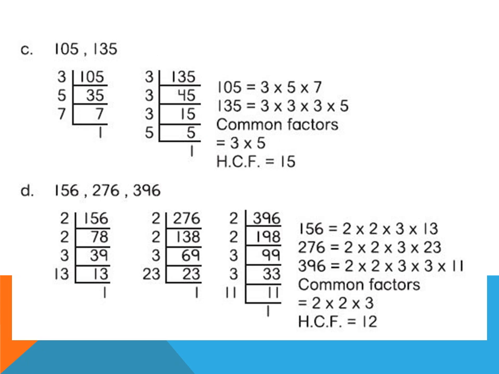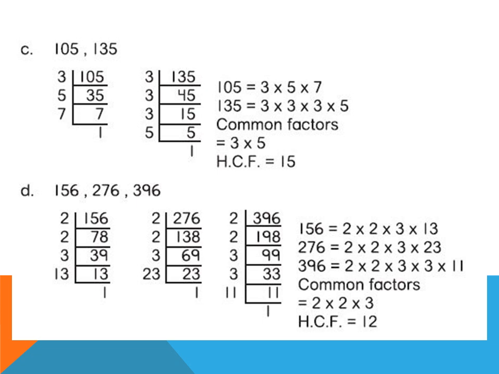Let us discuss question number D. When we prime factorize 156, 276 and 396 separately, we get 156 equal to 2 into 2 into 3 into 13, 276 equal to 2 into 2 into 3 into 23, and 396 equal to 2 into 2 into 3 into 3 into 11.